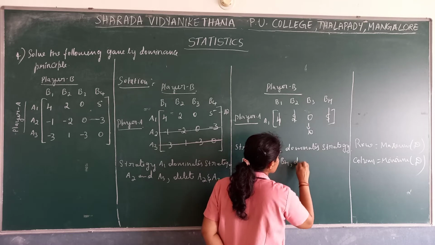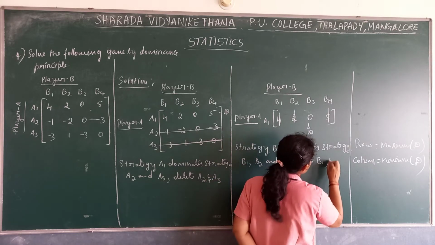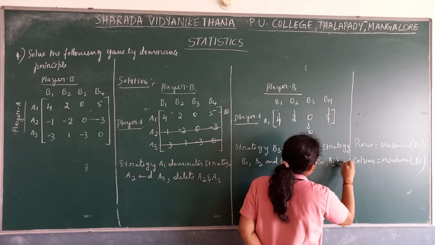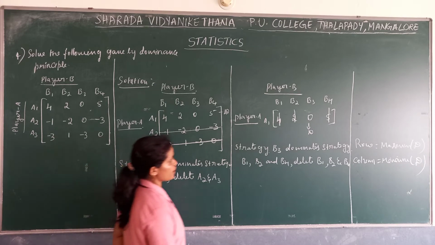So delete B1, B2 and B4. Now what will remain at the end?